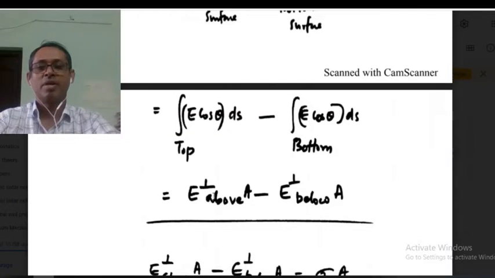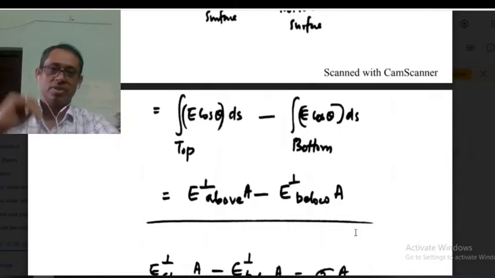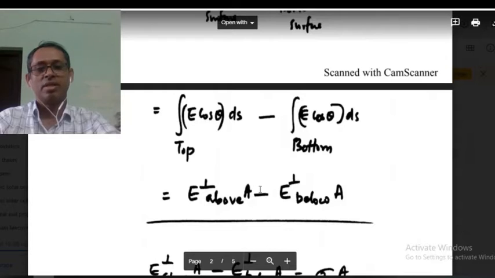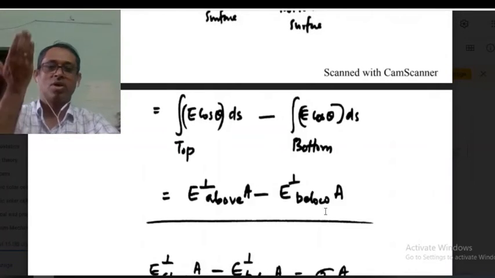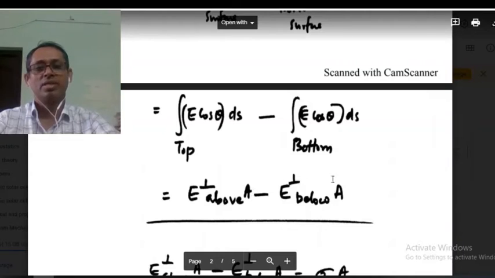So I am writing E normal or E perpendicular above times A, where A is the total area of the top surface, and here minus E perpendicular or E normal below times A, where A is the area of the bottom surface. These two areas are the same.